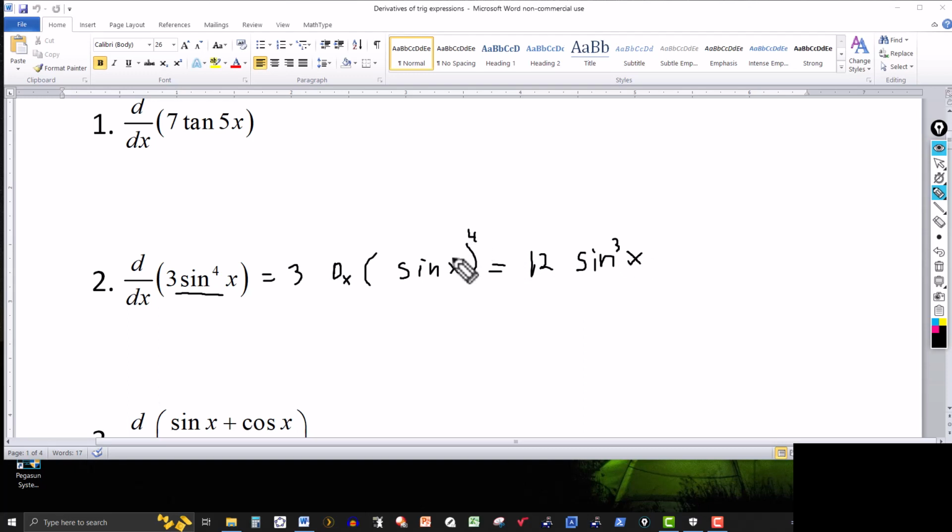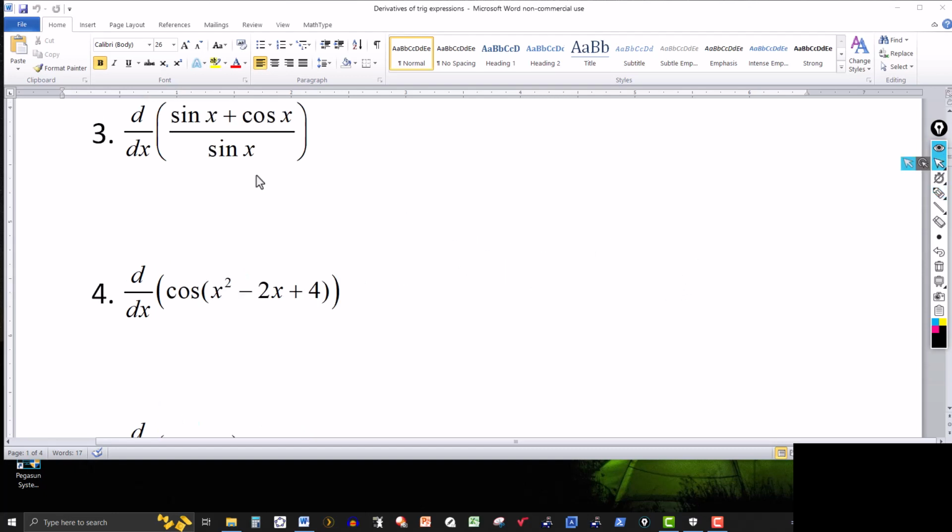And then using the chain rule, I have to multiply by the derivative of sine of x, which is cosine. So this is the final answer. Now you can do that in your head. You don't have to bring it out this way, but I'm just trying to clarify what's going on here. This is your answer: 12 sine cube of x times cosine of x.